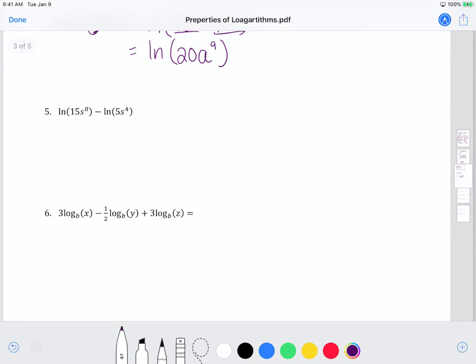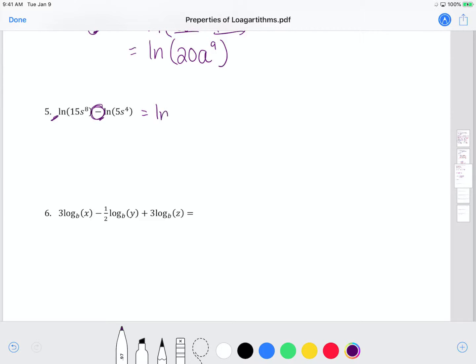In example 5, I don't have any coefficients in front that I need to bring up as an exponent using the power rule. And so then I'm going to go to the quotient or the product rule to simplify this. This is a minus, so I'm going to use the quotient rule. And since both are natural log, I have the same base, so I can combine these together.